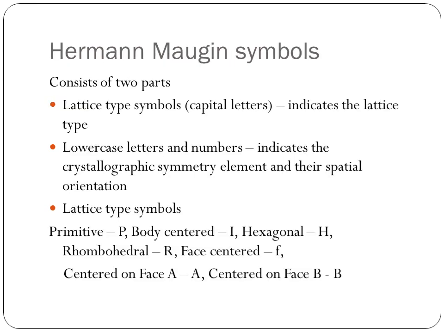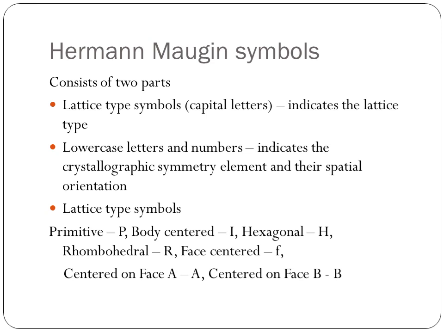The next one is Hermann symbols. That is, we are using these symbols to denote the point groups of a crystallographic point or a crystal. And it consists of two parts. The first one is a capital letter which indicates the lattice type symbols.